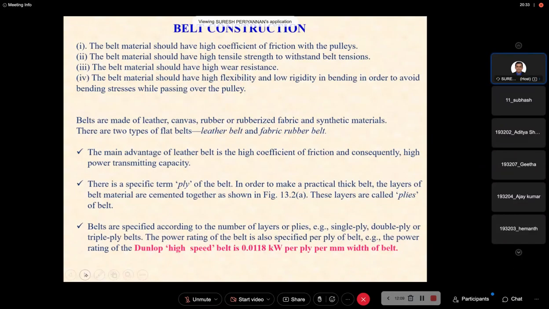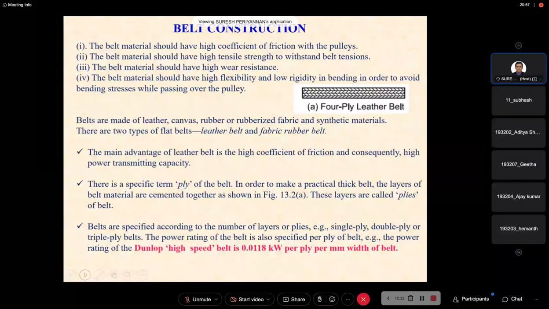Now, belt construction. Before entering into belt construction, we should understand the belt material properties, which are very important. The belt material should have a high coefficient of friction, obviously, because power transmission depends on the coefficient of friction between the belt surface and pulley surface.